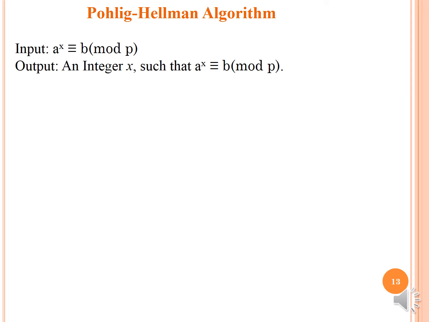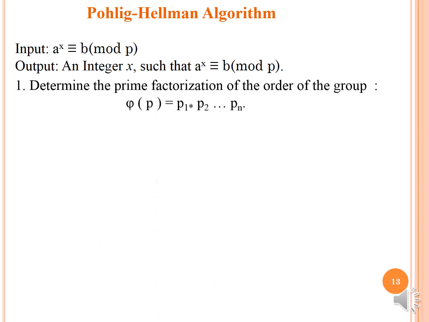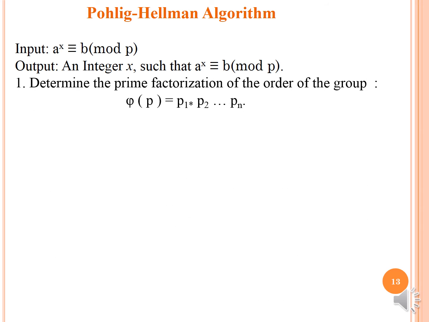So let's start with what the Pohlig-Hellman algorithm is. For this algorithm, we have input in the form of a modular congruence relation, and we have to find the value of x that will satisfy the congruence relation. Before understanding the algorithm, you should revise what Fermat's theorem and the Chinese remainder theorem are.